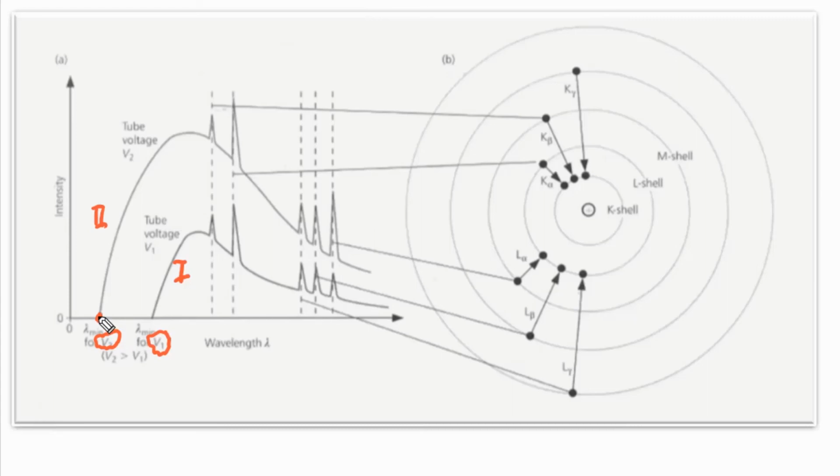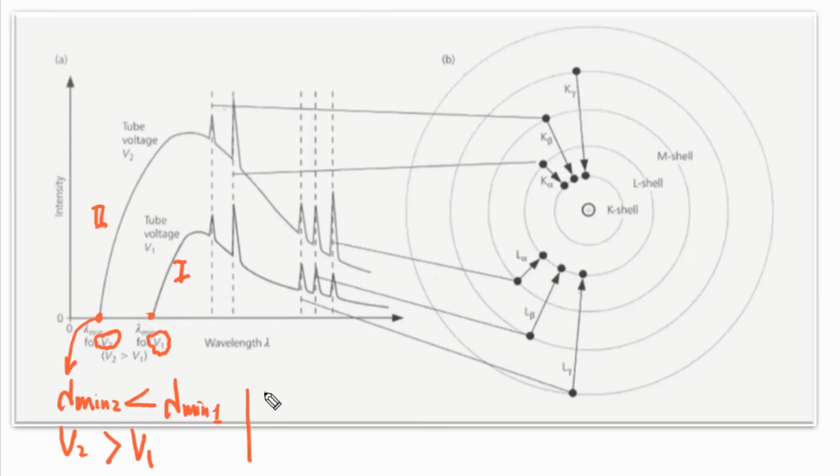If you look at these values, we have lambda min 2 and lambda min 1. So lambda min 2 is less than lambda min 1, which means V2 is greater than V1.